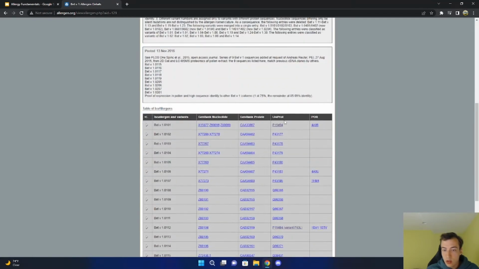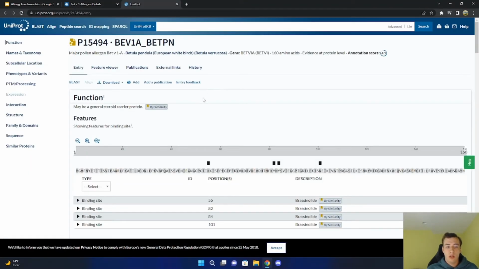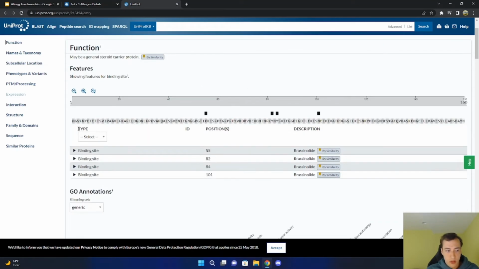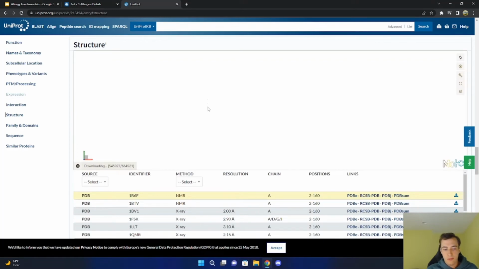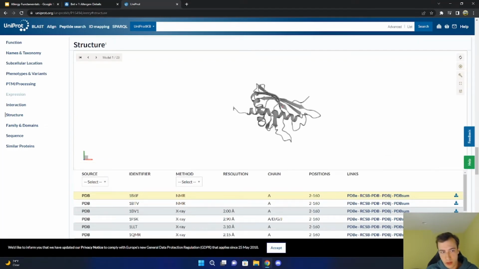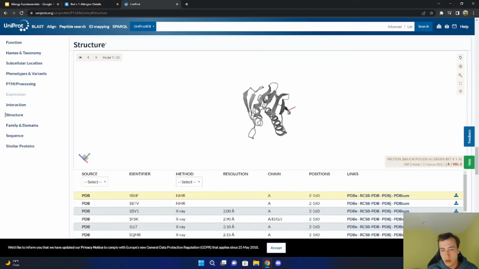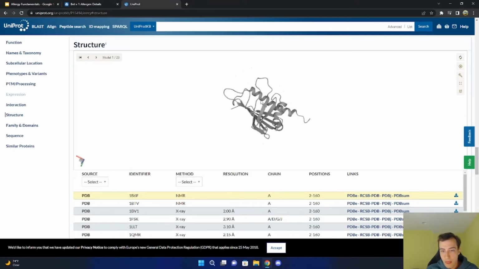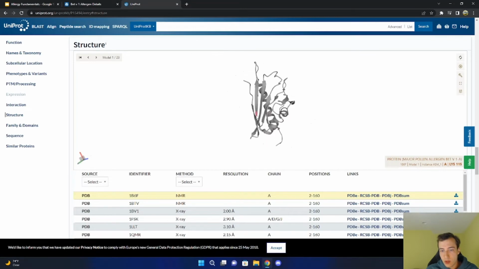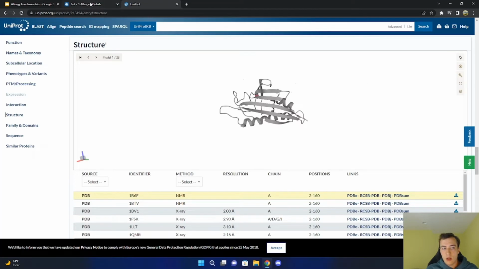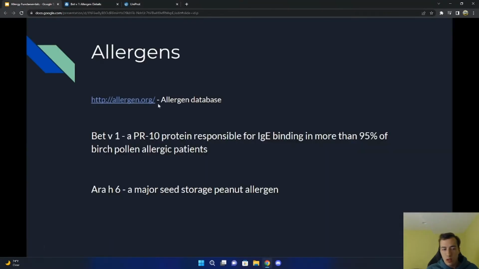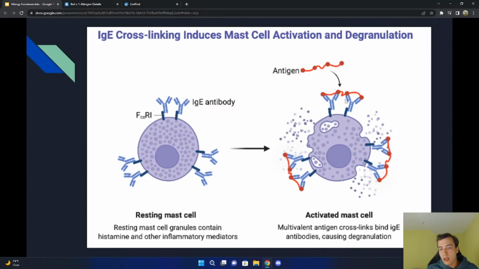And we can go take a look at exactly what is this protein. And we can take a look at the structure. And this is what you're allergic to right here. This is called a protein, and every protein has different shapes, but this particular protein looks like this, and this is the thing that binds to your antibodies.